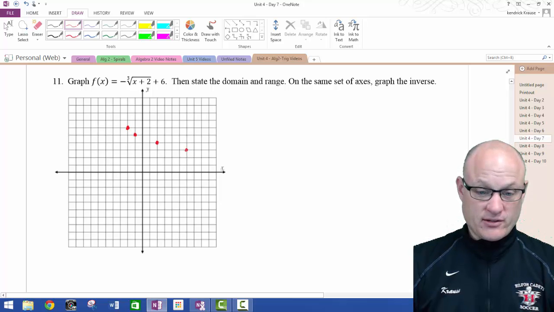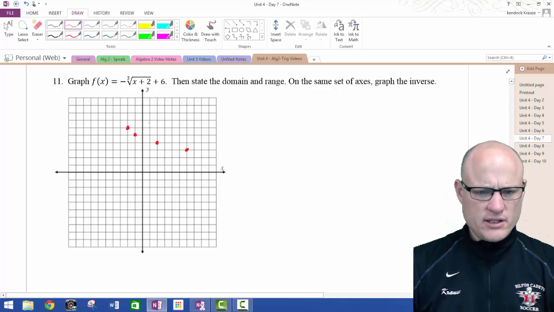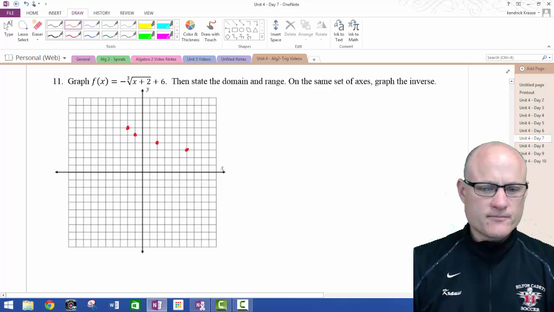The reason it's 6 is because 6 plus 2 is 8, and the cube root of 8 is 2. But because of that negative, it's really negative 2. Oh, and I go up on it. 1, 2, 3, 4, 5, 6.